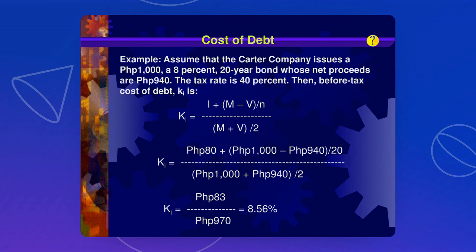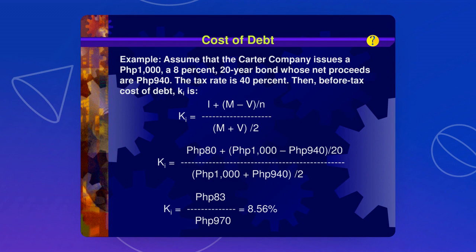Then the before tax cost of debt is KI equals I. I here is your interest, so 1,000 times 8% gives you 80. M is usually the par value of the bond, which is 1,000. And the 940 here is the market value minus flotation cost or any underpricing cost. Just divide it by 20 because the bond is 20 years.